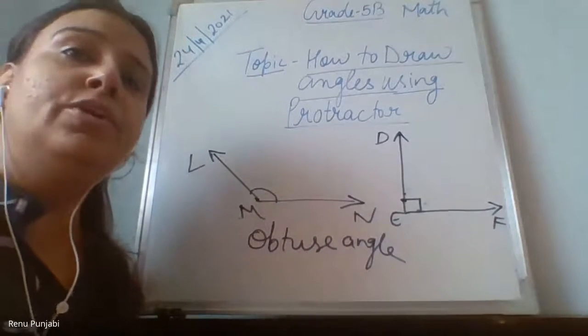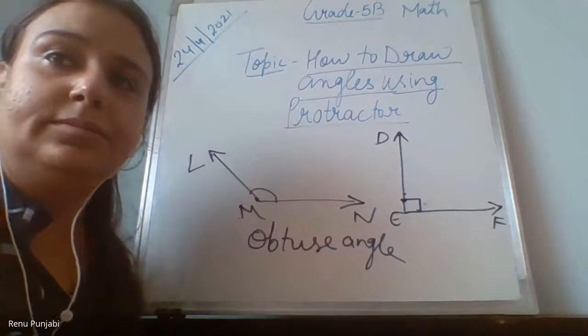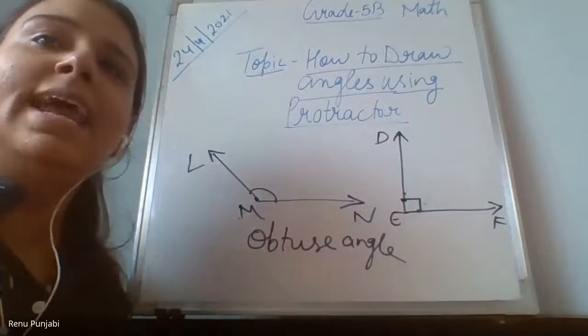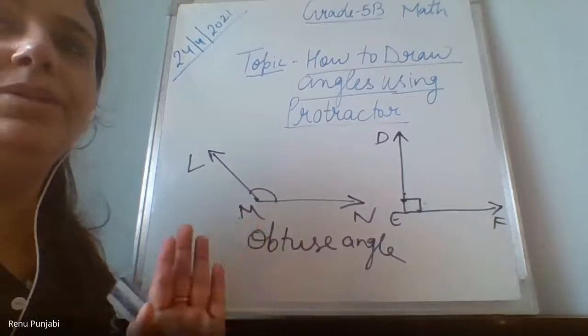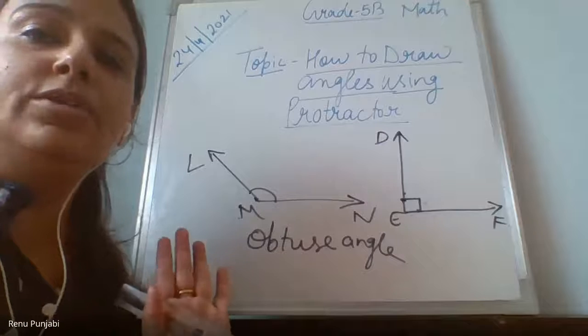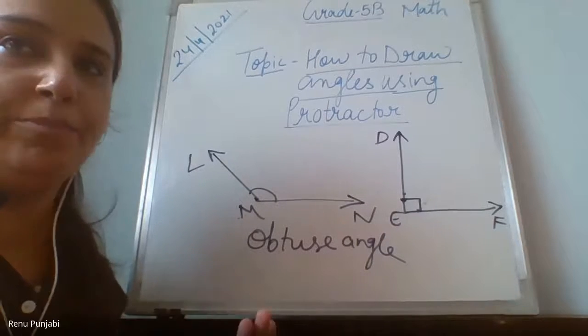Dhyan Dalal, what do you mean by the obtuse angle? Obtuse angle means like 100 degree. So say, greater than 90 degree.